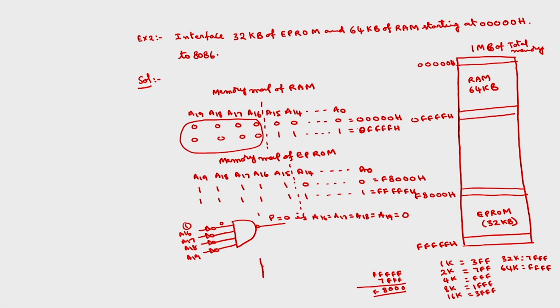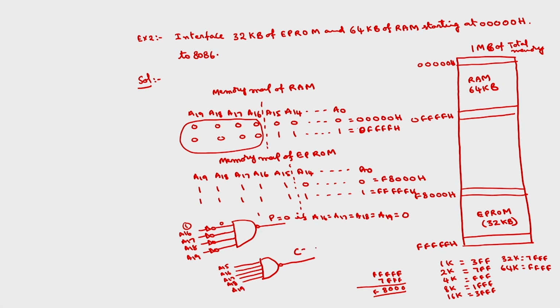So, I will take a NAND gate, but I will not take the inverters now. I will call this one as C. The inputs are A15 to A19: A15, A16, A17, A18, A19.